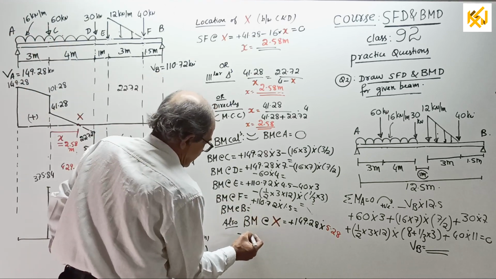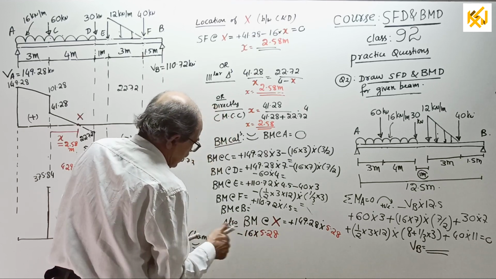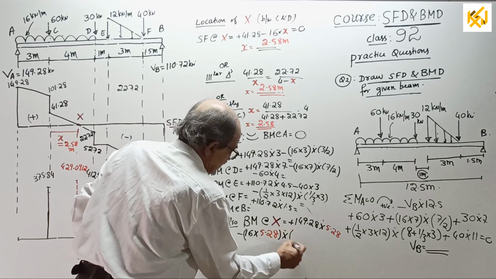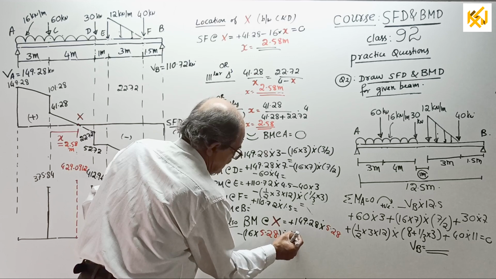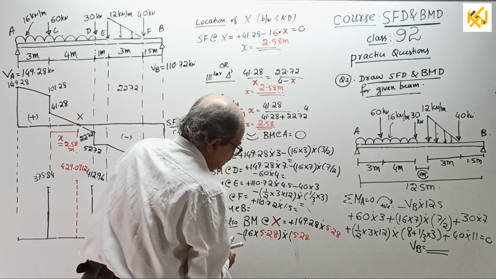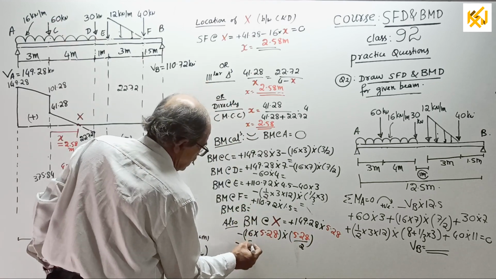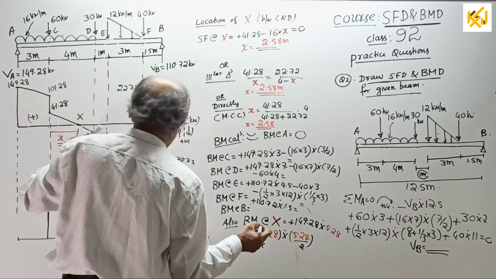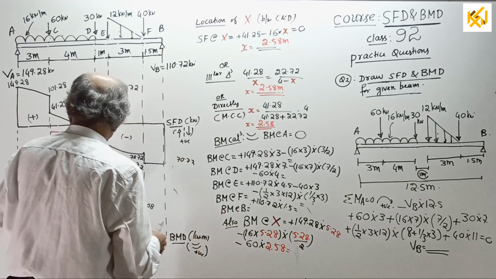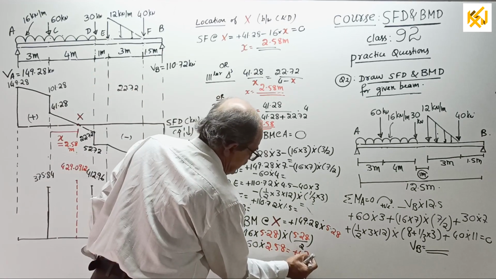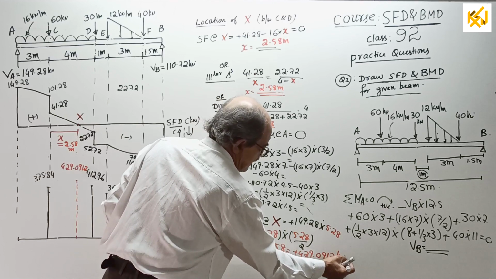Once again same 5.28, 16 into 5.28, multiplied by, why unnecessarily waste time, 5.28 by 2, lastly minus 60 into 2.58. I am not bothered to calculate it. It will come plus 429.0912. Guaranteed it will come kilonewton meter. That can be black color.